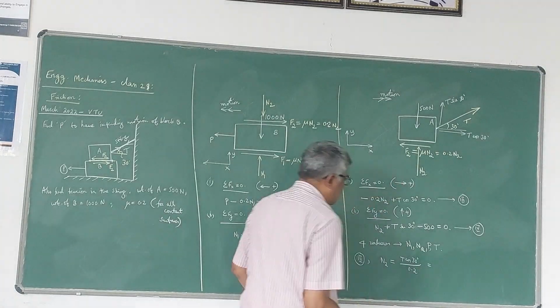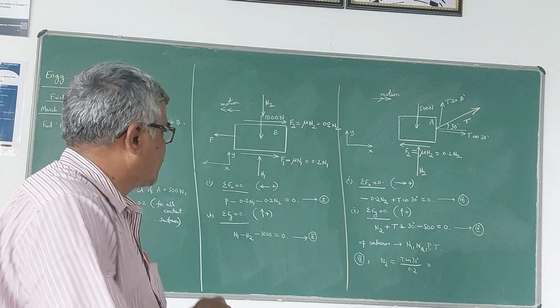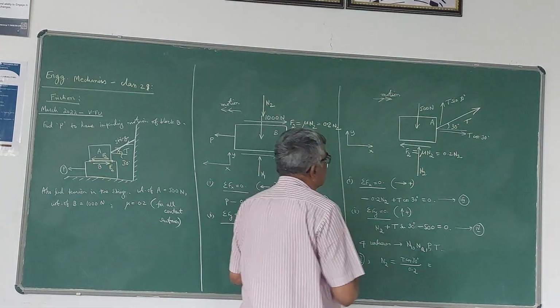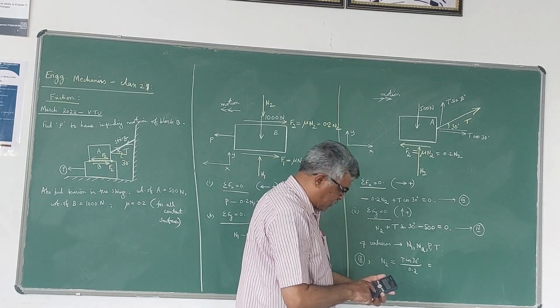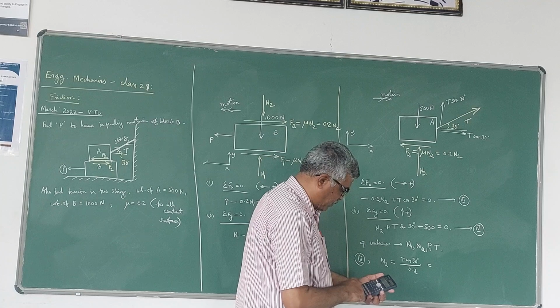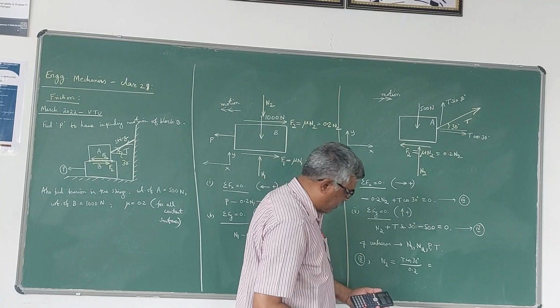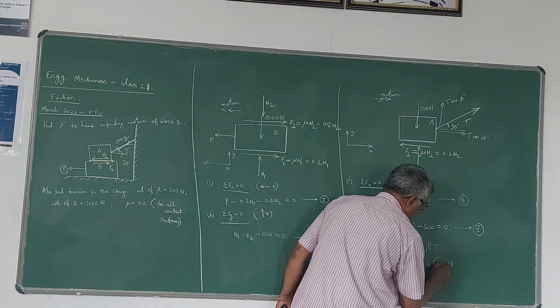So let us see what constant we are going to get. Cos 30 divided by 0.2 will be 4.33. So 4.33 times T is N2.